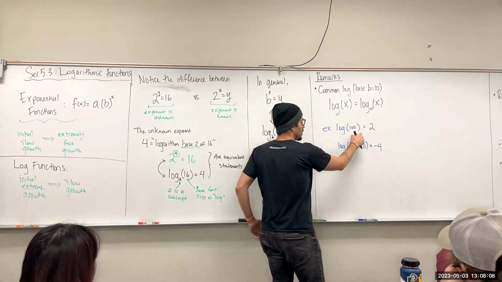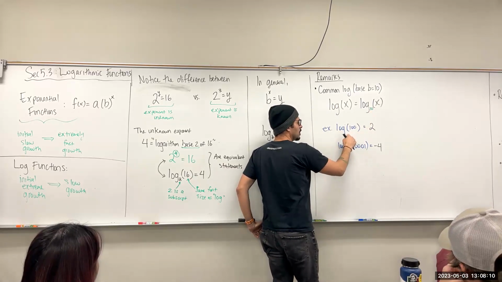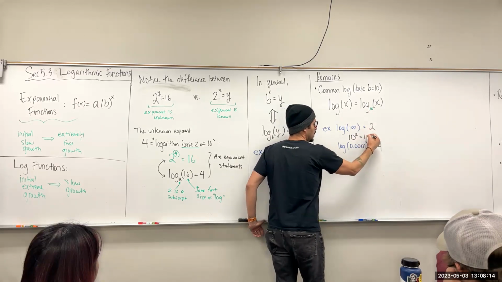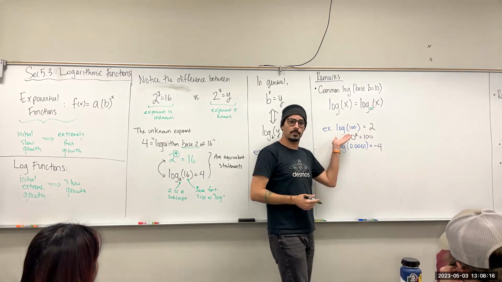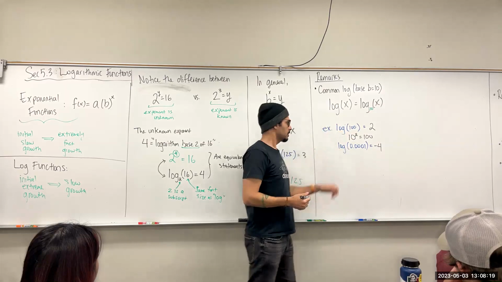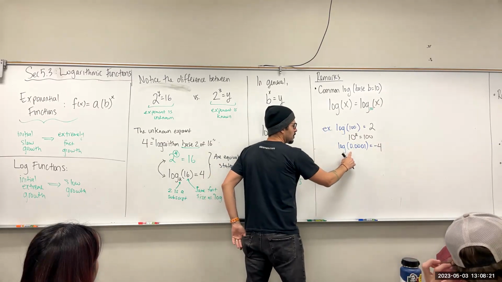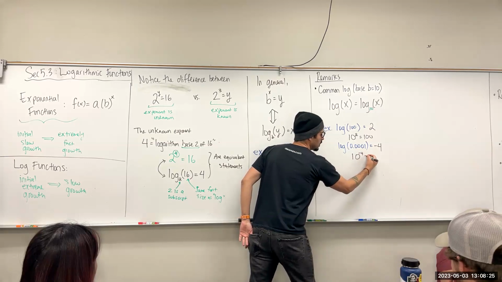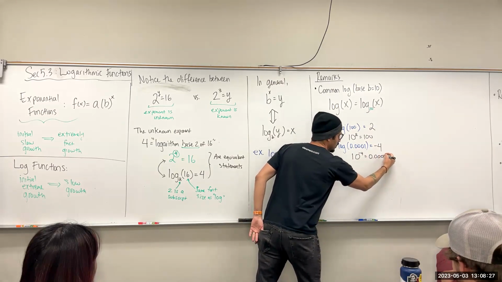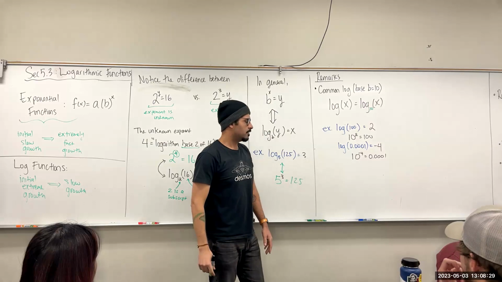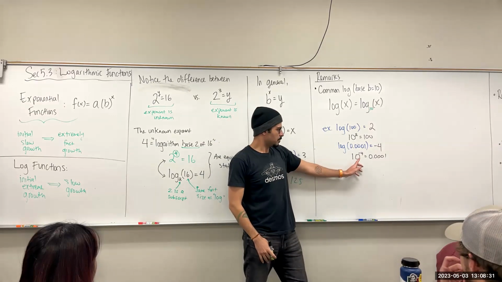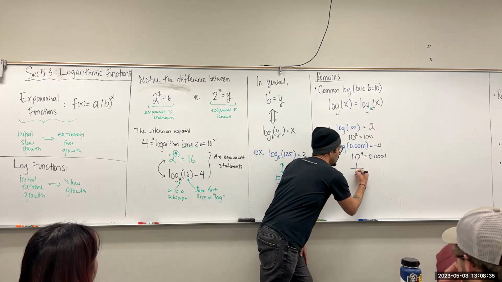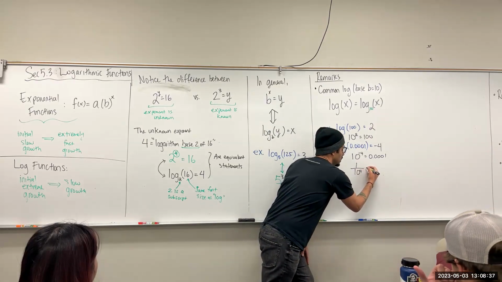So this really means in exponential form, 10 to the power of 2 equals 100. And that's true, right? 10 times 10 equals 100. This one in exponential form means 10 to the power of -4 equals 0.0001. And let's see why that one might make sense. We learned yesterday that 10 to the -4 really means 1/10 to the 4th.